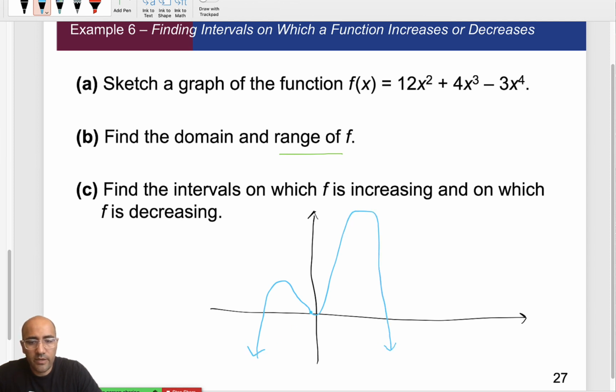Ugly little sketch, but if we find some of the key values, it's good enough to describe what this graph looks like. If they wanted a really nice sketch of this, it would be nice if I found this point, that point, that point up there, that point down there, and then indicated that it went down toward negative infinity from there. They didn't ask for an incredibly detailed graph, so I think this is good enough for now.